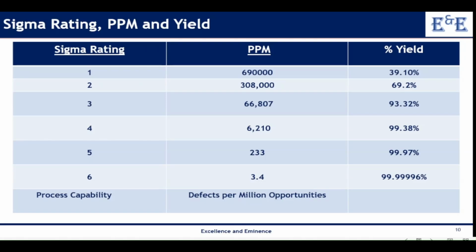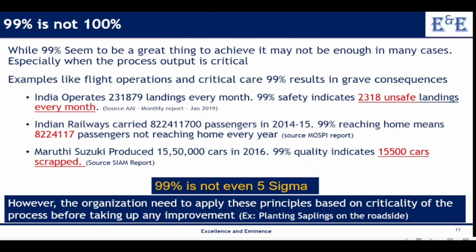Look at this, it's not a linear, it's an exponential scale. As you go closer to 6 sigma, your output increases to more than 99%. And let's take 99% only, right? So 99% may not be enough in many cases.